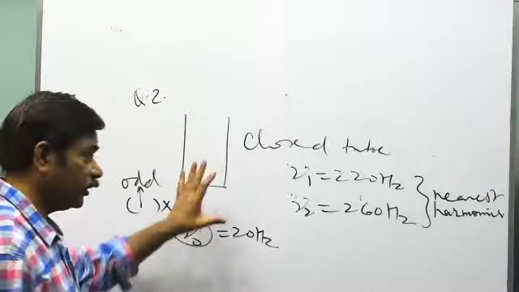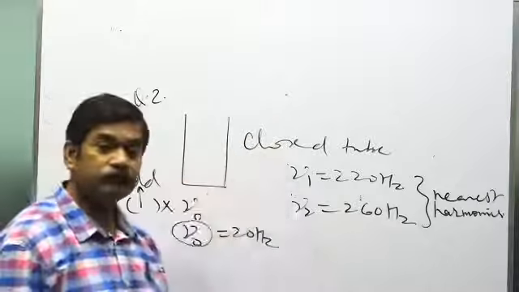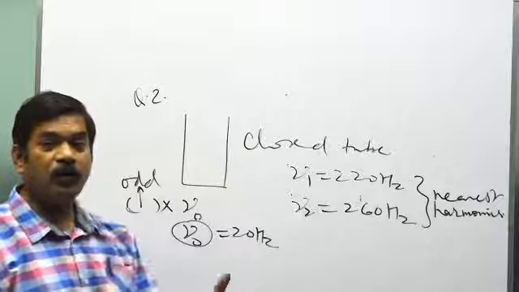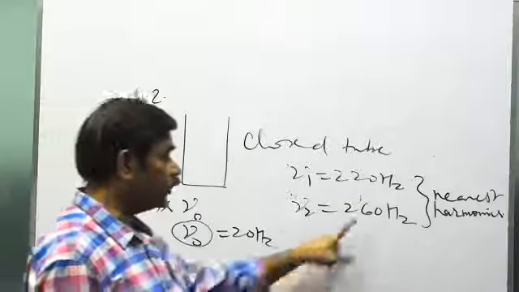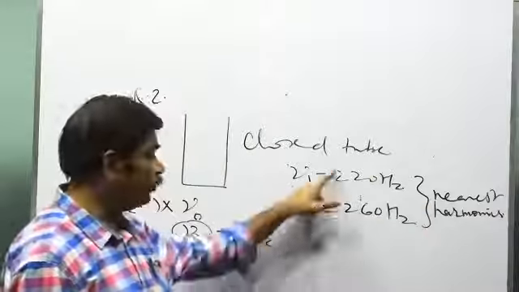So look at this. Once again I repeat that what you have to apply here is that it's a closed pipe. In the closed pipe, harmonics are odd multiples of the fundamental frequency. And as they say, these are two nearest harmonics, that means there is no other harmonic in between them.